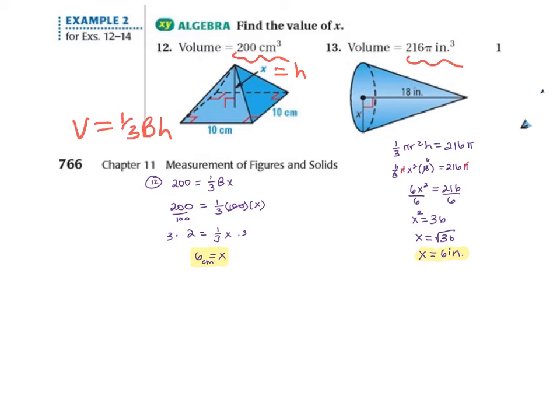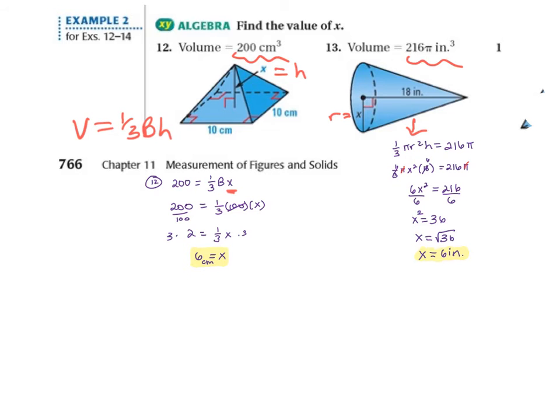So the x is our height, and we're going to solve and isolate x, and we get x equals 6 centimeters. Over here for the cone, this x is our radius. So here is the formula for volume of a cone. Plug in everything you know and solve for the radius, and that radius is 6 inches.